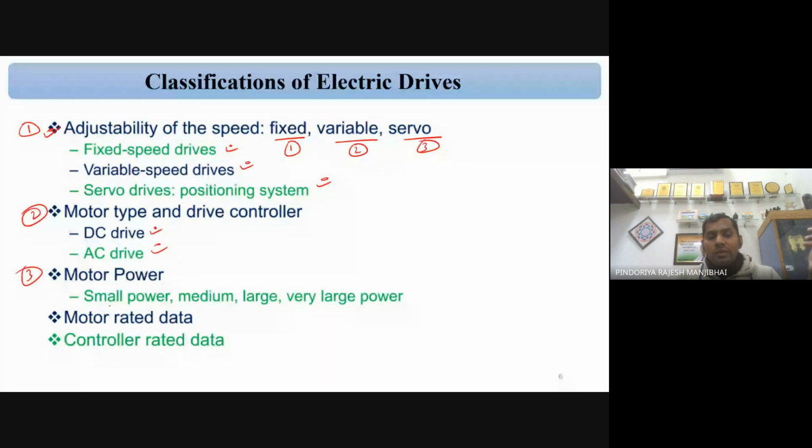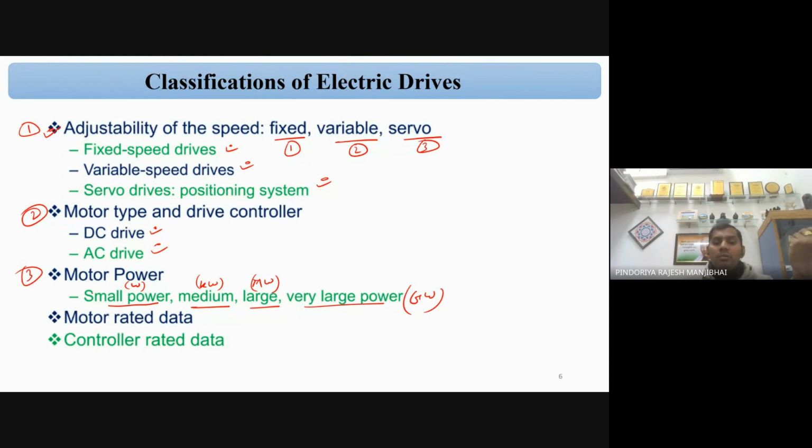We can see small power range, medium, large, and very large. Very large is suppose your power rating is in the gigawatt. Large is megawatt, medium is kilowatt, and small is watt. So depending on the power rating, we can also classify our drives.